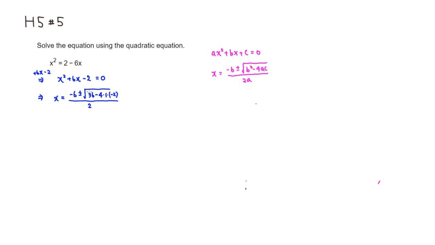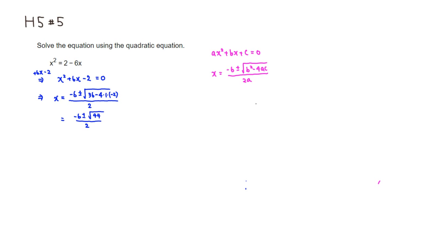So what's this right here? It's going to be 36 plus 8, so it's 44. So it's -6 plus or minus the square root of 44.